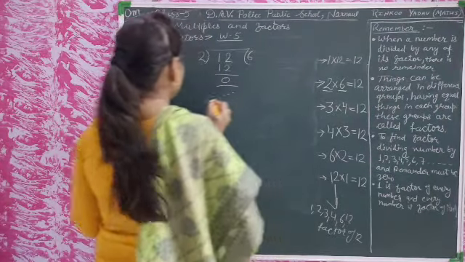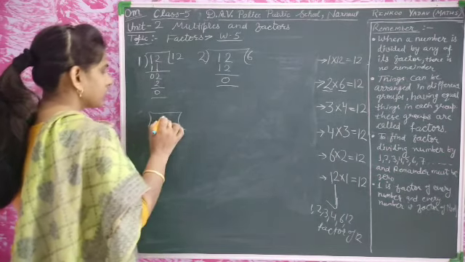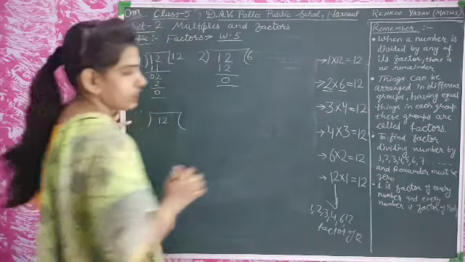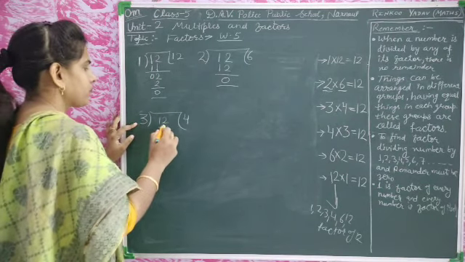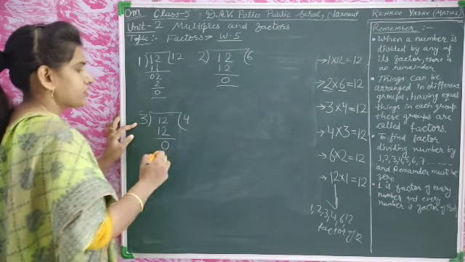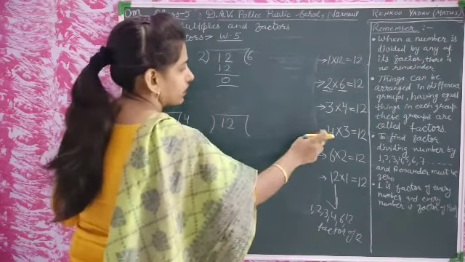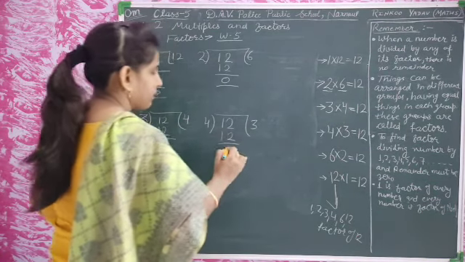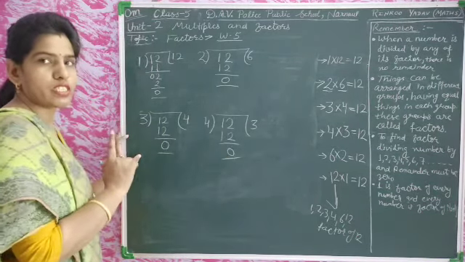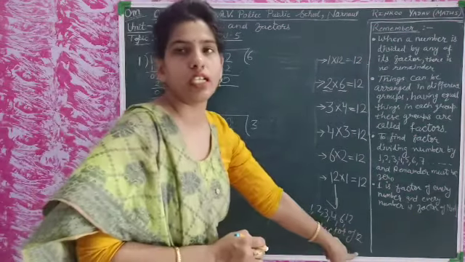Now the next factor is 3. 12 divided by 3: 3 times 4 is 12, the remainder is 0. Now the next factor is 4. 4 times 3 is 12. This will become 0. No remainder is left out after dividing 12 by each of its factors.